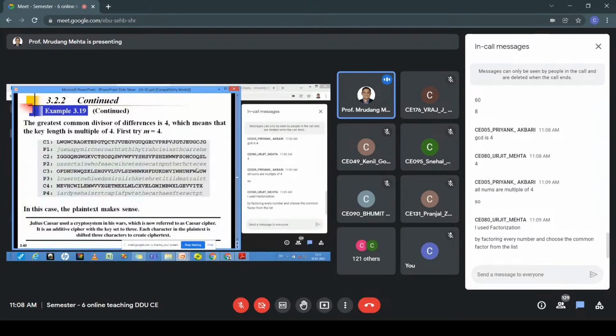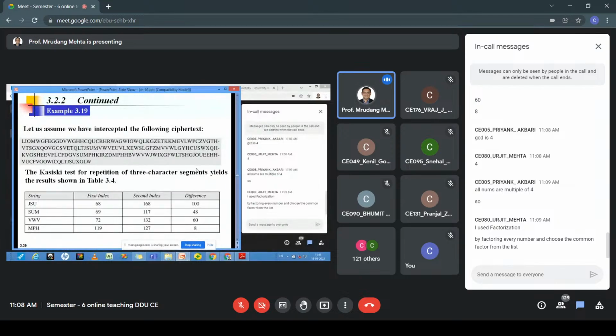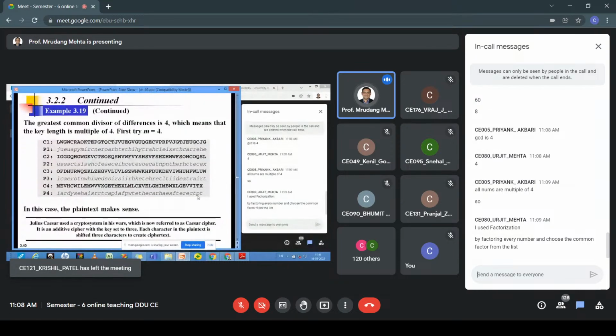So now, GCD is what? GCD is our M. So M should be chosen such that D divides M, right? So 4 is the GCD, and with the value of that, we can divide all these numbers. Now that becomes our key length. So what we have to do is first try.